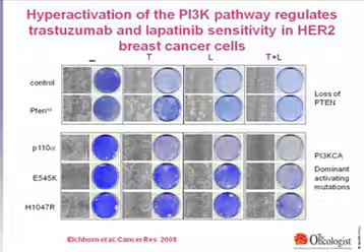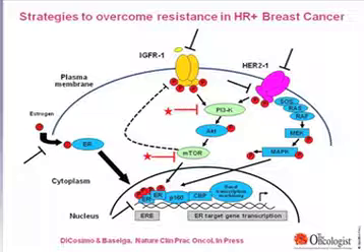So you have control cells with wild-type PTEN and wild-type PI3 kinase, cells with PTEN deletion, and then at the bottom, you have cells with PI3K alpha overexpression or cells with PI3 kinase mutations, two of the most frequent ones. And as you can see, by the amount of cells shown by the blue color, these cells that have mutations are clearly resistant to both trastuzumab and lapatinib.